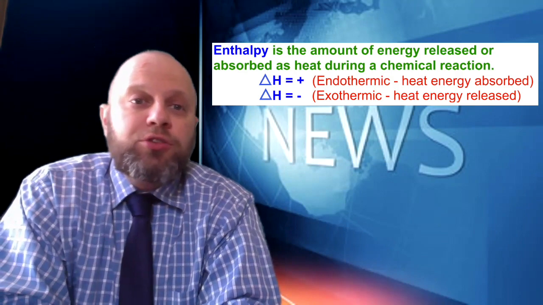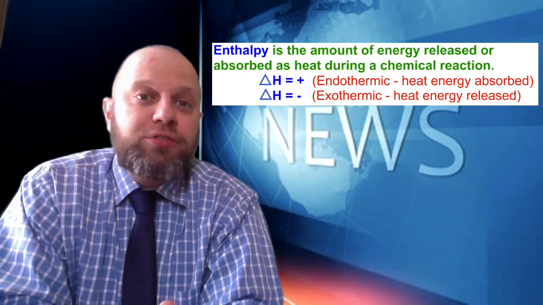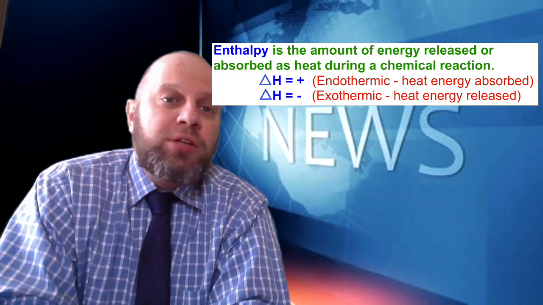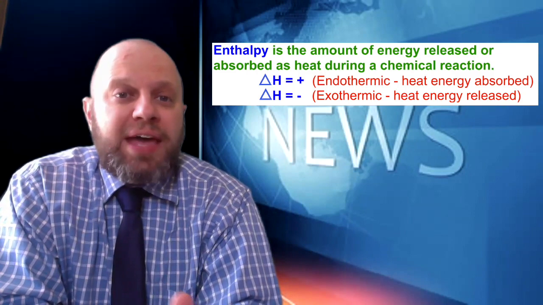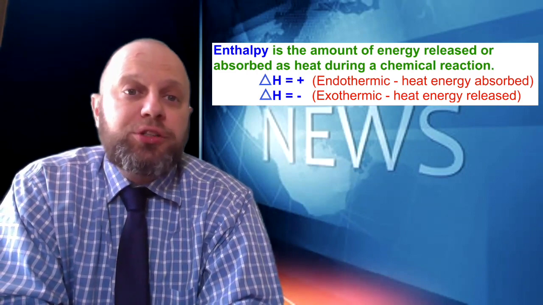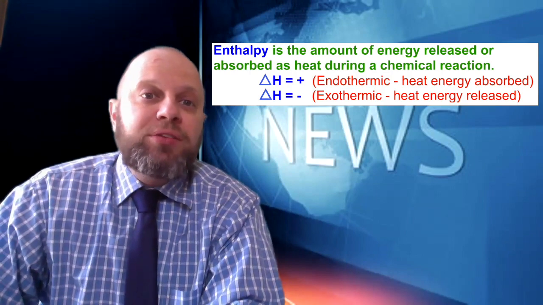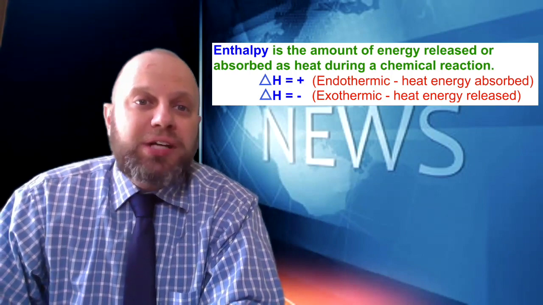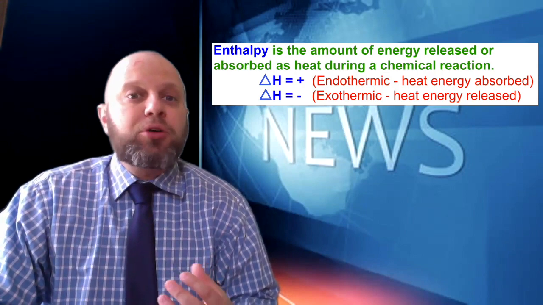So what I wanted to do is now assign a value, so positive or negative, to those two terms. As you can see, the delta H is what we're going to use to describe enthalpy. So that's the variable that we're going to use. And when we have a positive value for delta H, that means that we have an endothermic reaction. That means heat is being absorbed as a result of the chemical reaction.